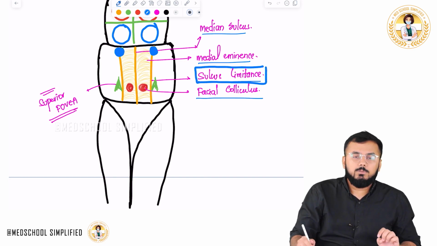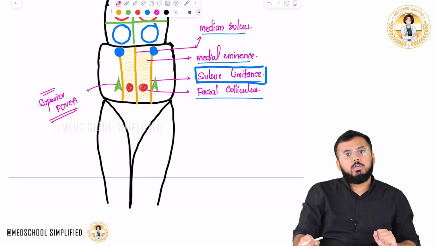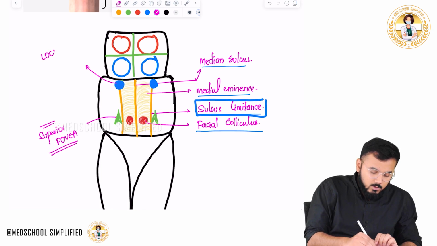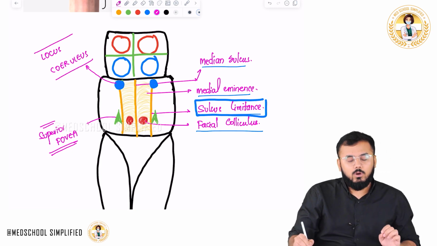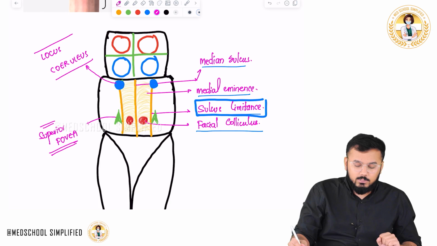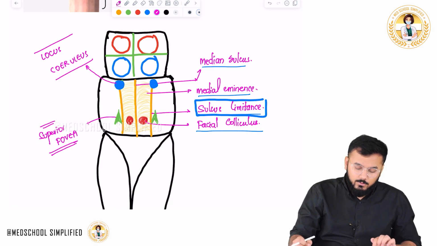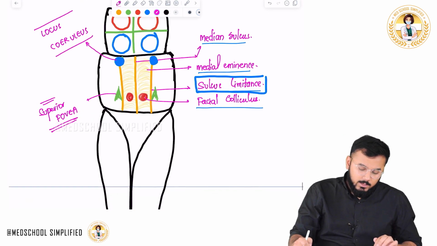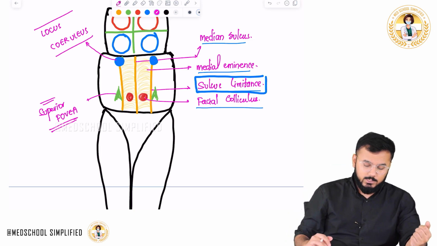On the top of the sulcus limitans, these two structures over here are called locus coeruleus. So, where are these locus coeruleus located? They are located on the top surface of the sulcus limitans. Okay, right. So, once again, let us revise all these important things.